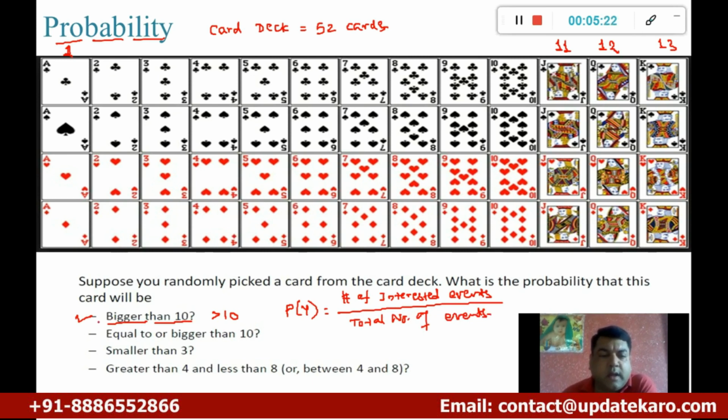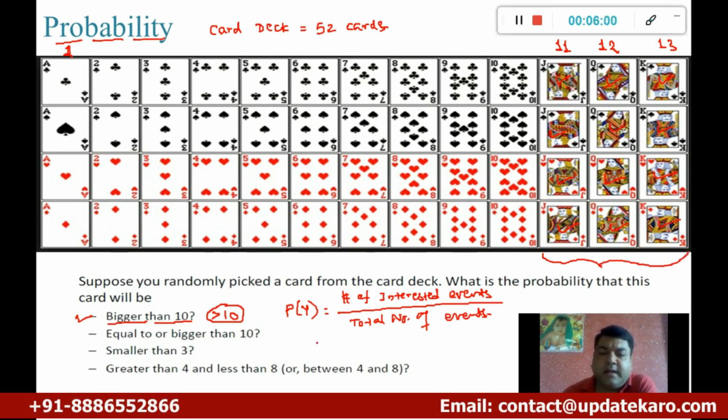Meaning, with this problem, I am interested in the cards greater than 10. So how many cards are there which are greater than 10? There is 1, 2, 3, 4, 5, 6, 7, 8, 9, 10, 11, 12. So there are 12 cards which are greater than 10.